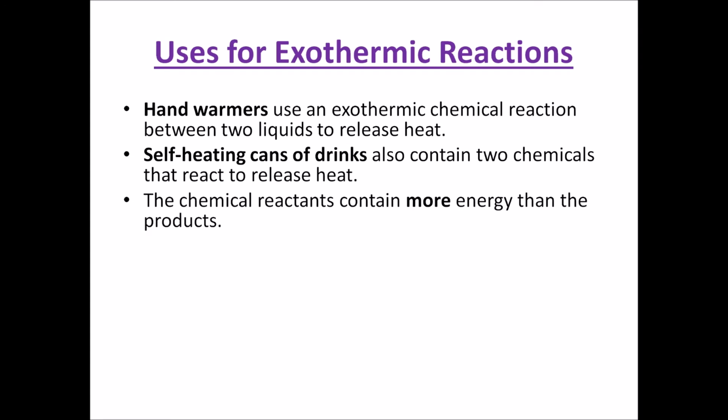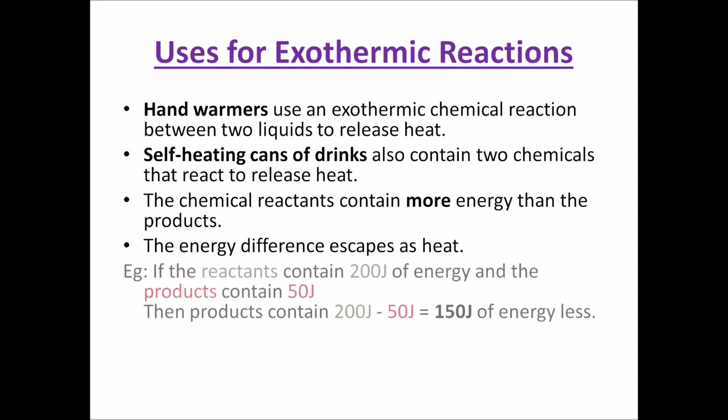In these exothermic reactions, the chemical reactants, what we're starting with, contain more energy than the products, what gets made. The energy difference escapes as heat. Here's a little example.